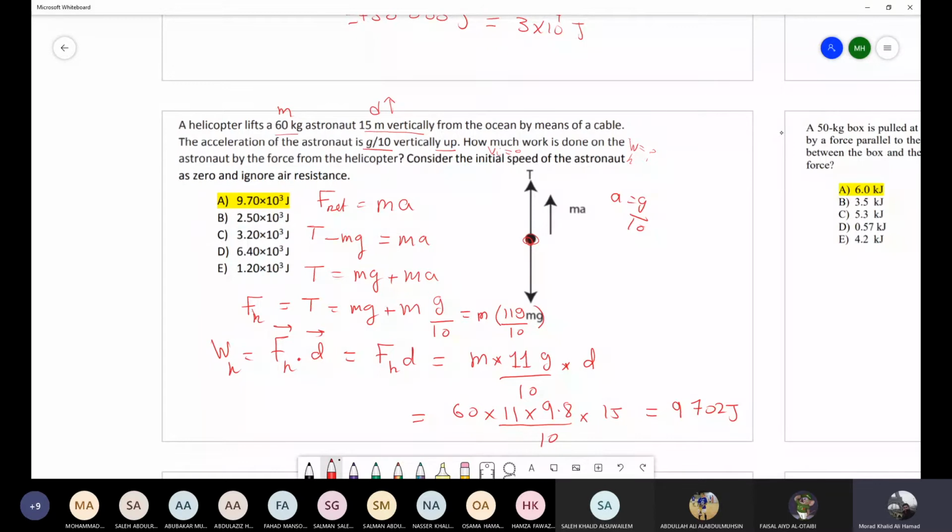If you do not find this answer, you can convert it, and this is equal to 9.7 times 10 to the power 3 joules, which is our answer. Clear?